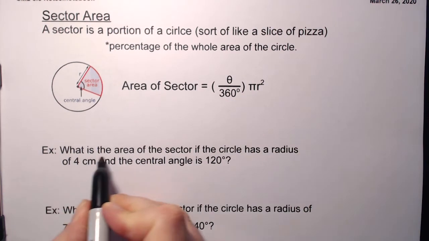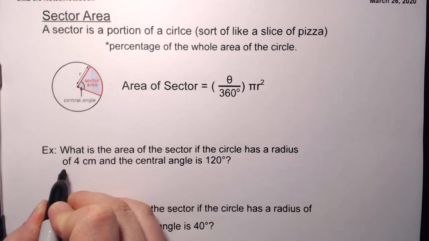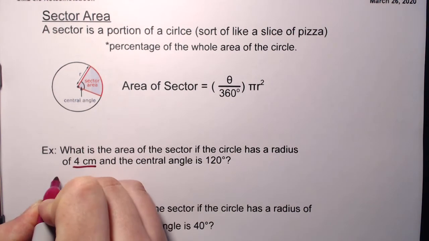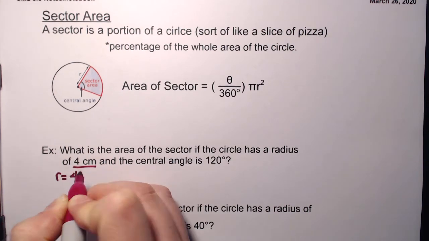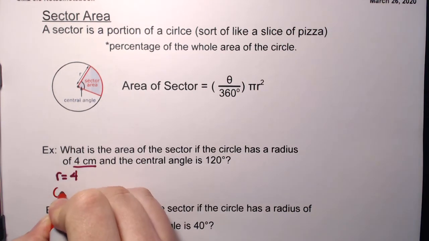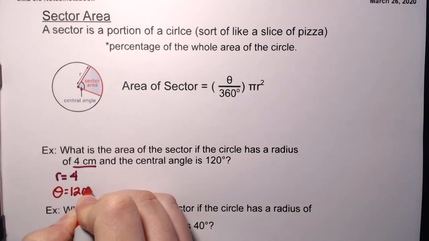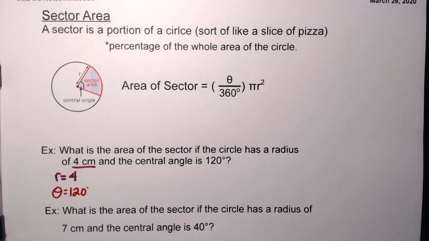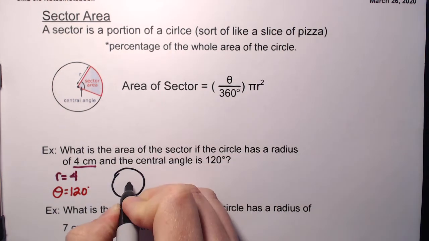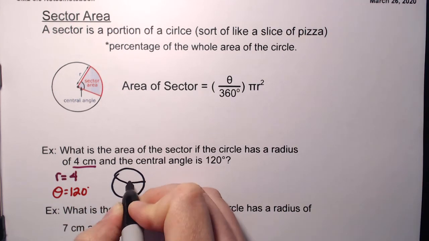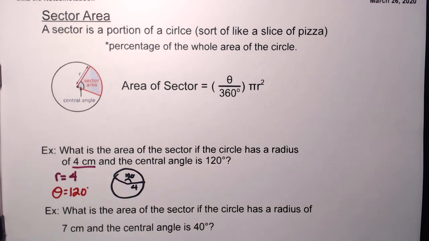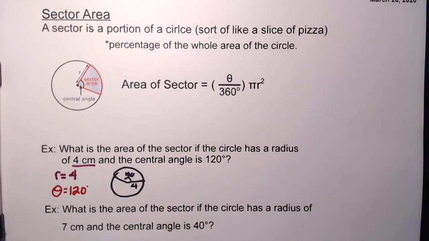So what is the area of the sector if there's a radius of 4 and the angle is 120? So something like this. Okay, and I want the area of just that piece.